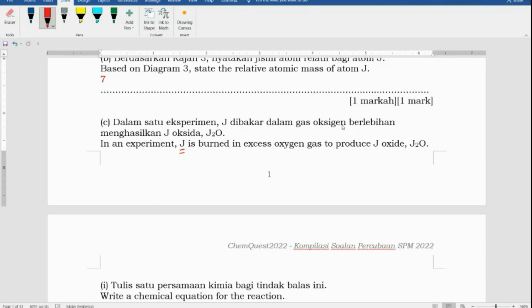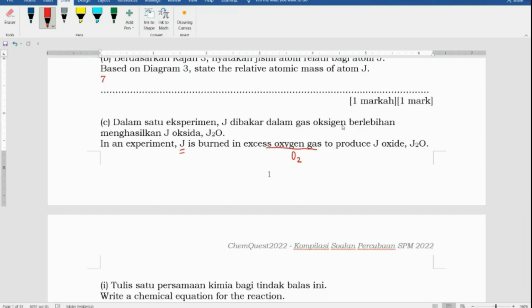When it combines with excess oxygen gas, the formula for oxygen gas you can write as O2. Lithium is a metal, so it is the atom, J, with no charge. Then it will produce J2O.